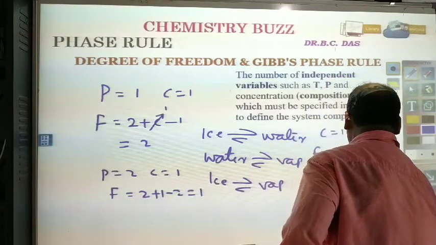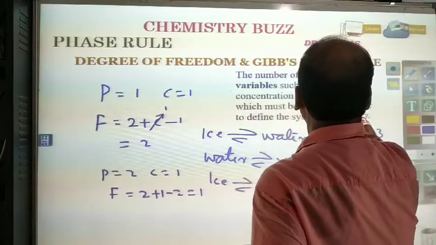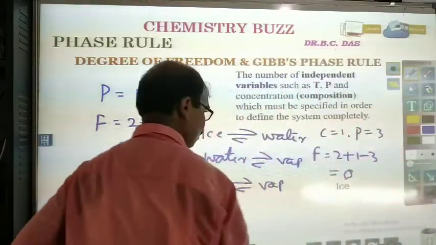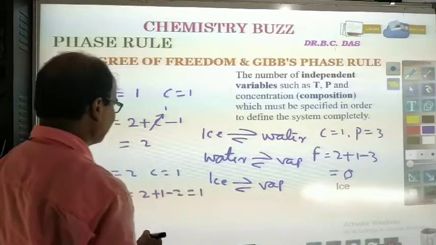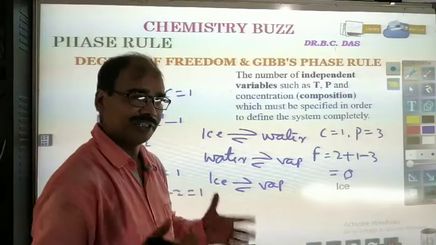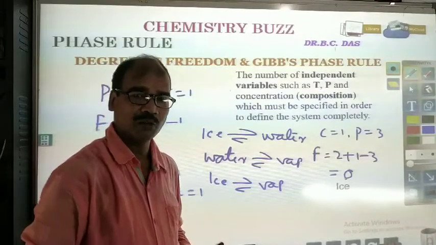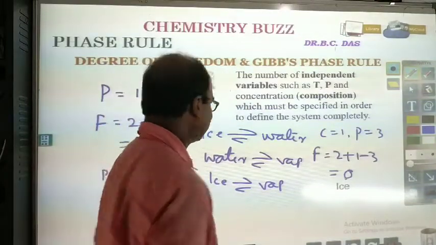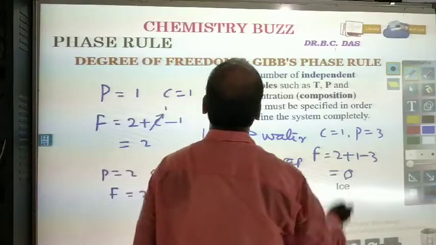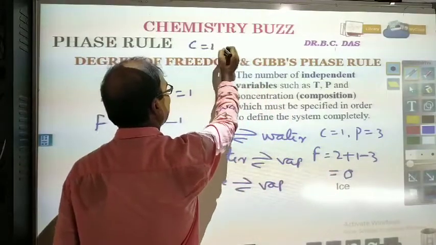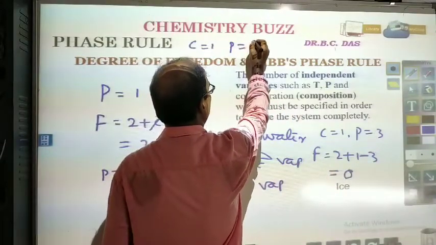So in this way we have applied the Gibbs phase rule to calculate the degree of freedom. Now let us see whether for a one component system four phases can coexist. If four phases can coexist, say C is equal to 1, P is equal to 4.